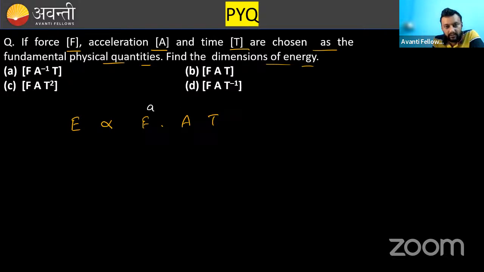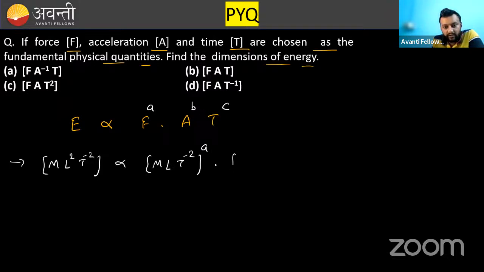Let's suppose these are A, B, C. Clear? Now write the dimensions of every physical quantity. Energy has a dimension ML²T⁻². Force has a dimension of MLT⁻² raised to the power A. Acceleration has a dimension LT⁻² raised to the power B. And time has a dimension T raised to the power C.